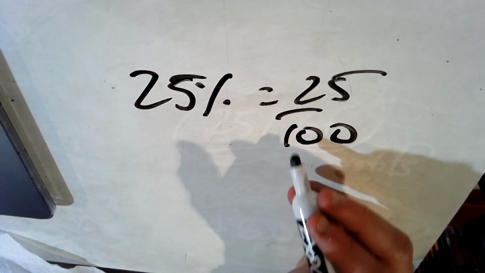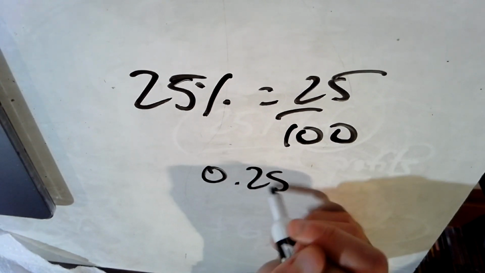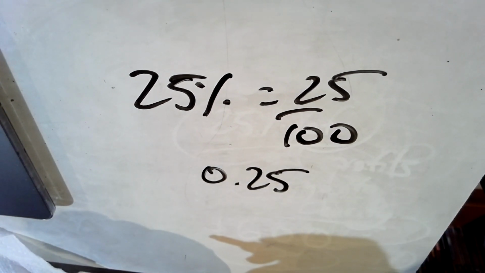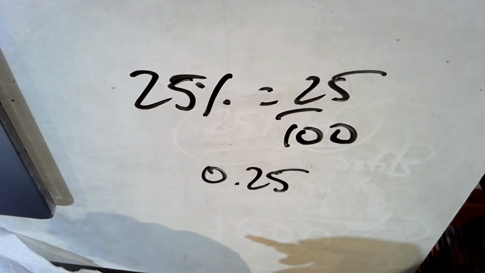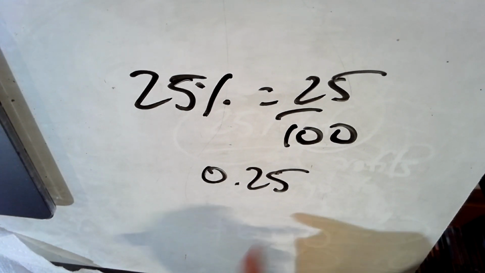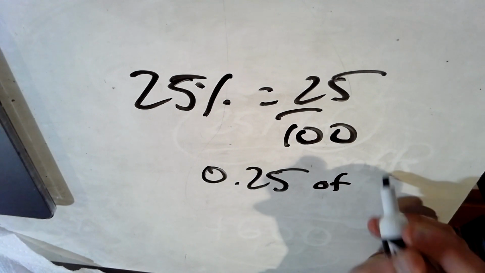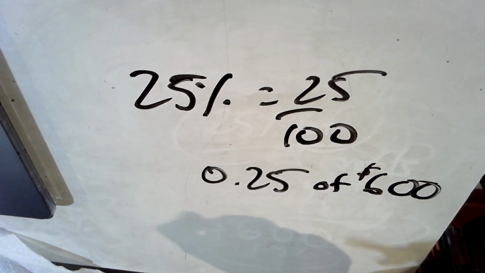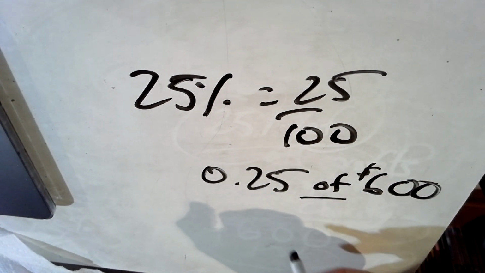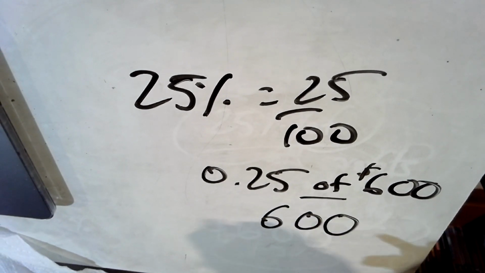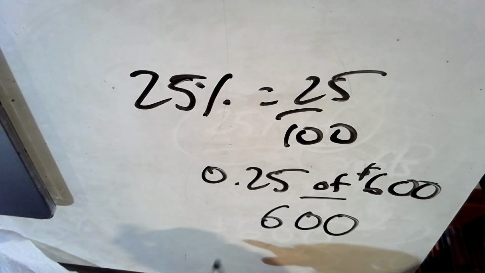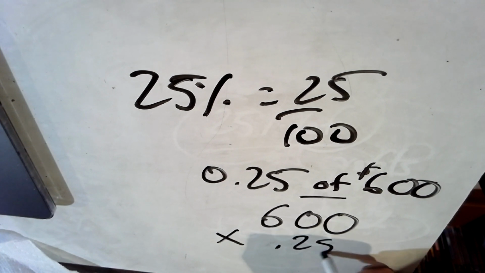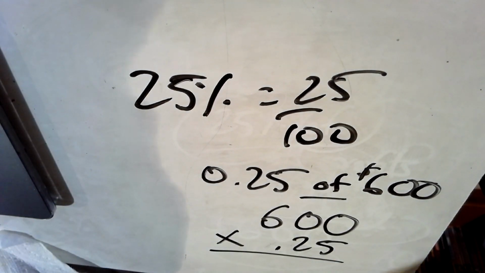That's what a percent means, per 100. And 25% is the same as 25 hundredths. I made $600, 25% of $600. Of means multiply. I'm going to put my longer number, the one with more digits, on top, and multiply by 25 hundredths.